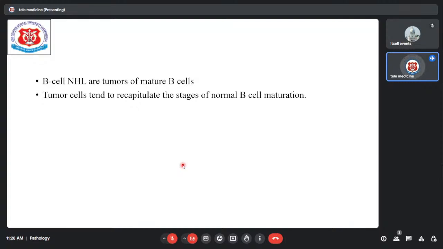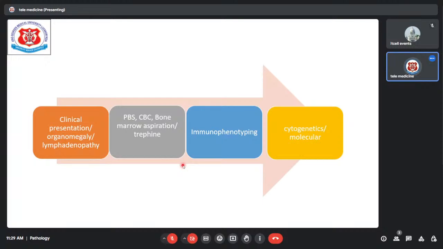It's a general concept that tumor cells tend to recapitulate the stages of maturation. The antigens they express at the various stages of maturation will, to a certain extent, be maintained in the mature B cell neoplasm. At times they will be lost or altered, but to a larger extent they will be maintained. So how do you proceed?